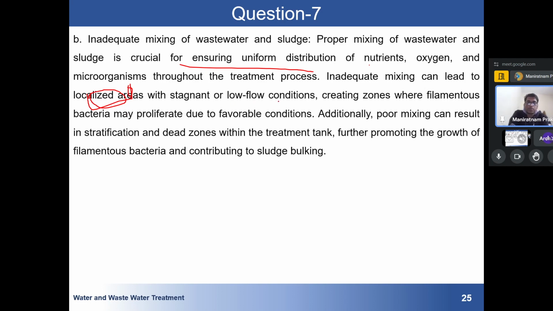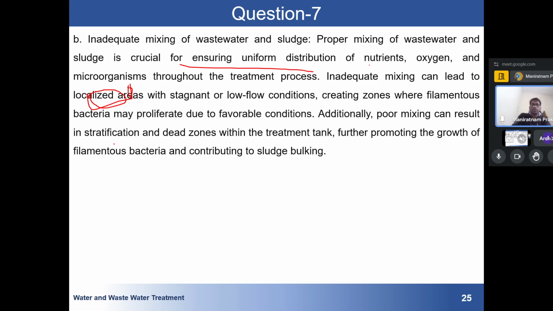Localized areas with stagnant or low flow conditions create zones where filamentous bacteria may grow. Now imagine that there is no oxygen, or no proper microbes present to degrade that organic matter, and we know that when there is no degradation of organic matter, that organic matter will lead to formation of filamentous characteristics.